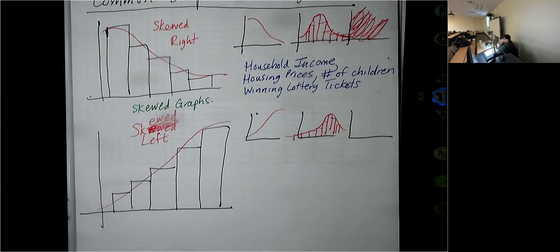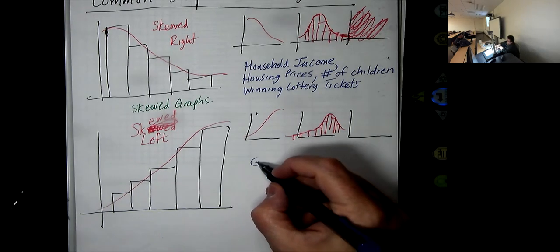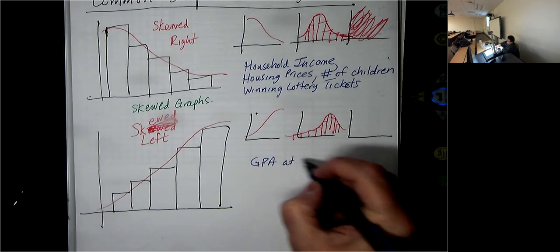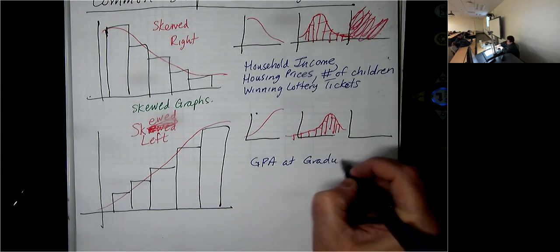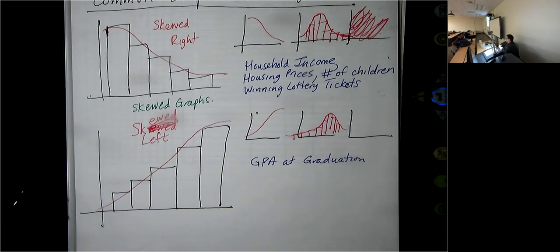The ones that are skewed left, things that are mostly high, but there's some lower ones. GPA at graduation. Most of the people that graduate college are in that 3 to 4 range.